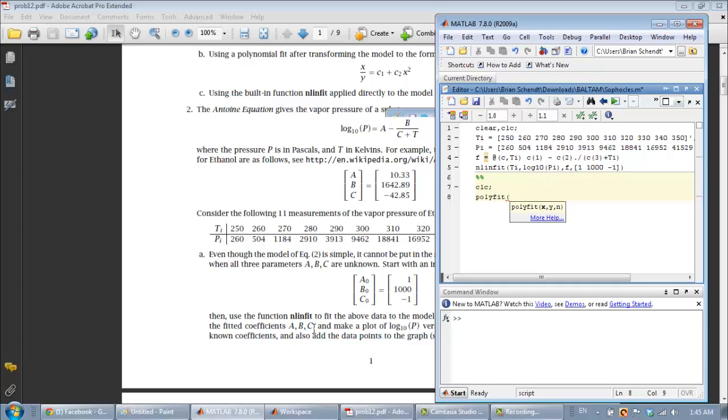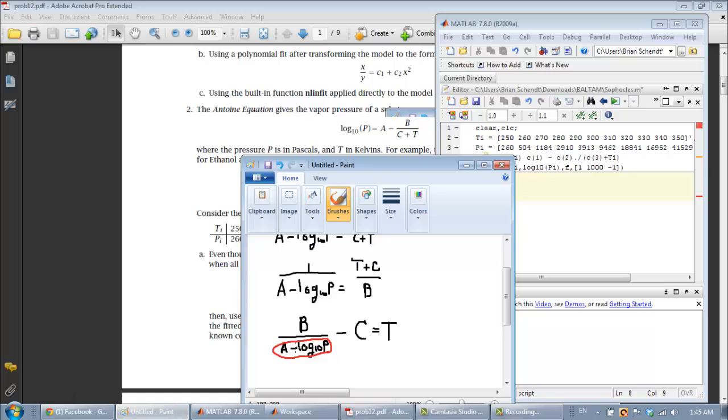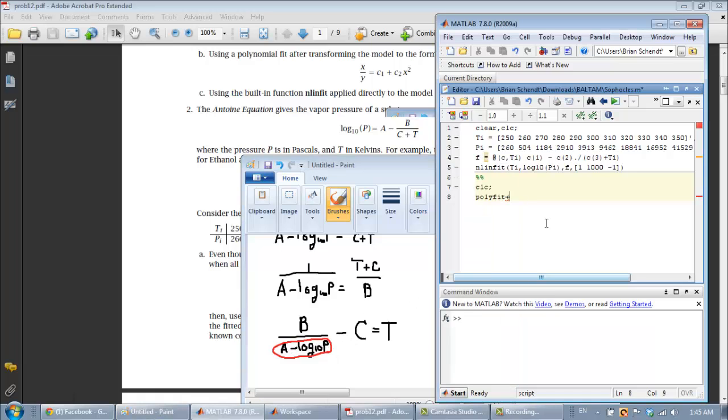So again, our dependent variable here is going to be this guy in the basement, a minus log 10 p. Get the right number of parentheses, hopefully. Then we're gonna have t on the other side, and it's gonna be first degree.